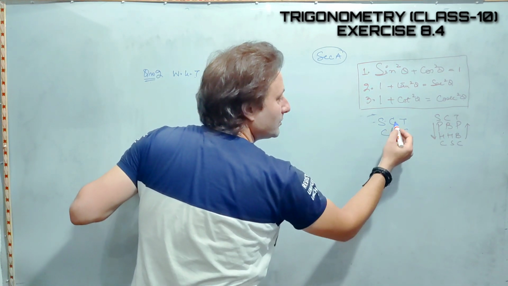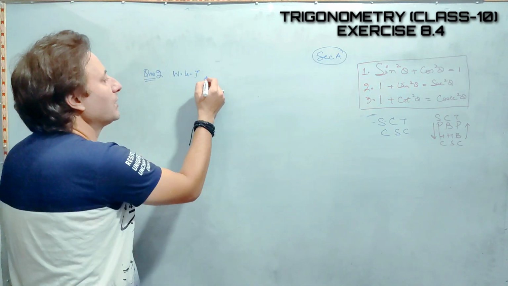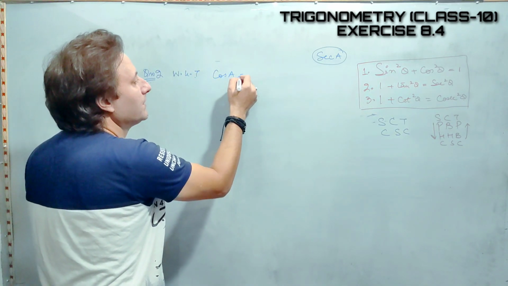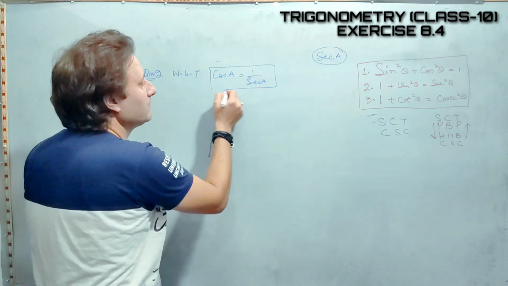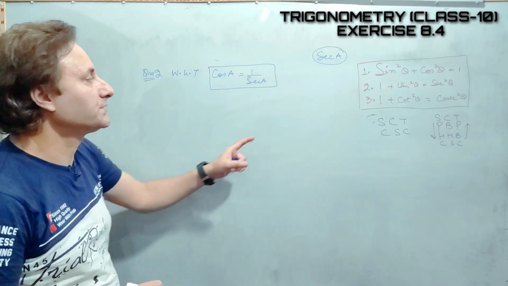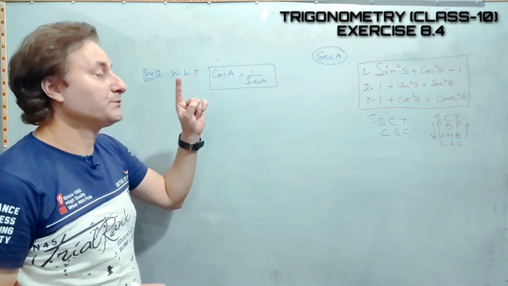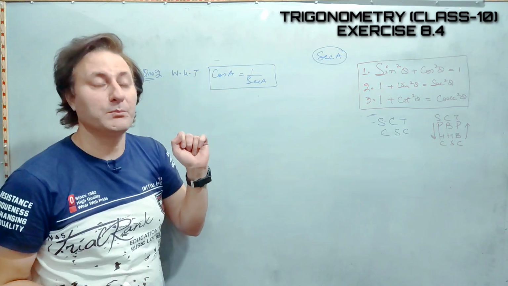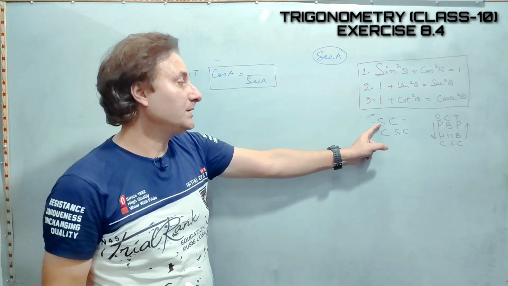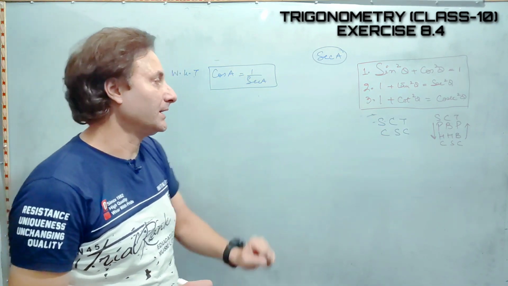If I see cos is 1 upon sec, so I have the value of cos A equal to 1 upon sec A. So we are done with this. We have got the value of cos, because in my previous video, the first video of trigonometry, I told you cos A is equal to 1 upon sec A. Similarly, sine A is 1 upon cosec A.